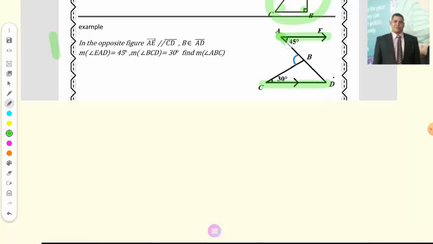So AD is a transversal. Then we get the two angles: measure of angle EAD, which is equal to 45 degrees, equals measure of angle D by alternate angles.